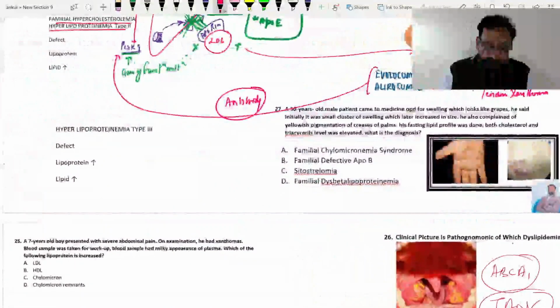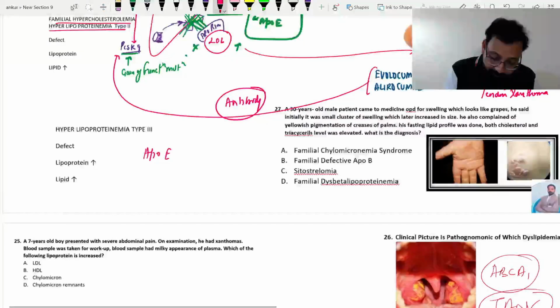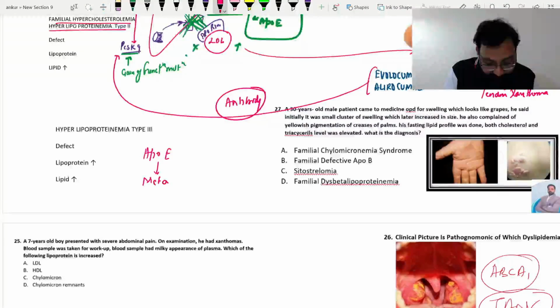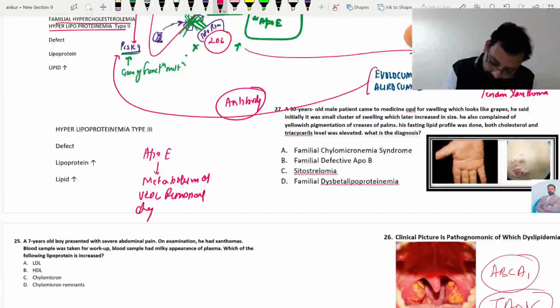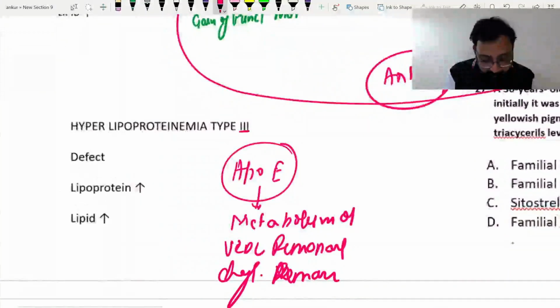Question is asked. We normally found that ApoE is responsible for the metabolism of remnants, the metabolism of VLDL remnant and chylomicron remnant. If ApoE is defective, then type 3 hyperlipidemia.